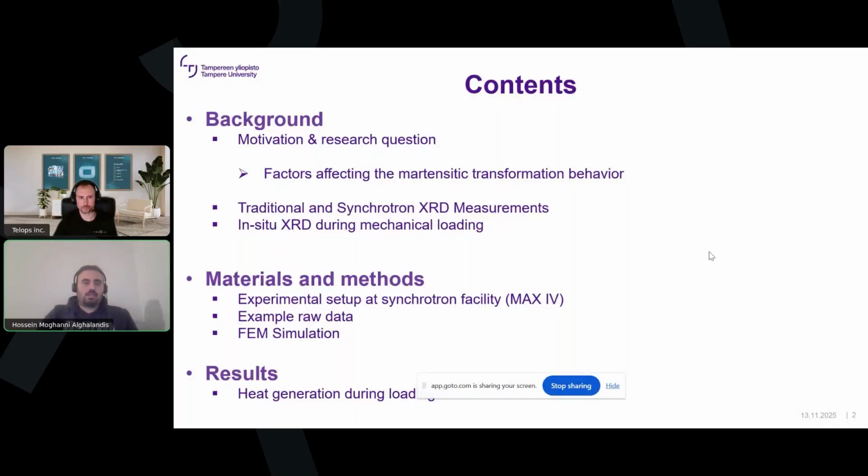I will talk a little bit about the background and motivation and the research question that we had in my PhD path. And I will talk about the factors that affect the creep effect, and I will compare the traditional and the modern measurements, and I will discuss the material and method and the experimental setup that we had at the synchrotron facility at MAX IV in Lund, Sweden.